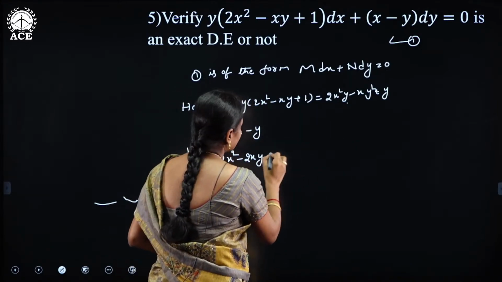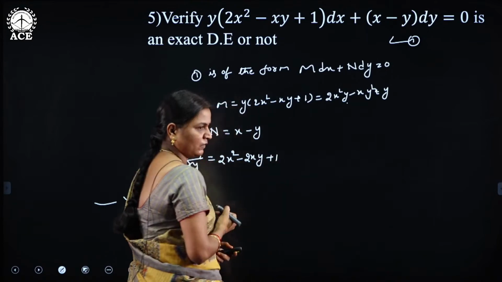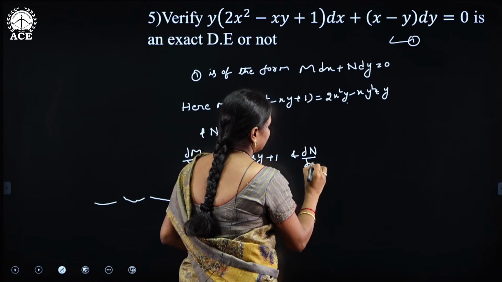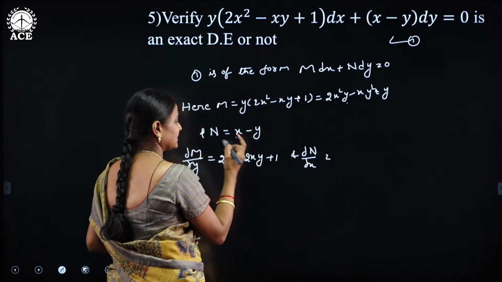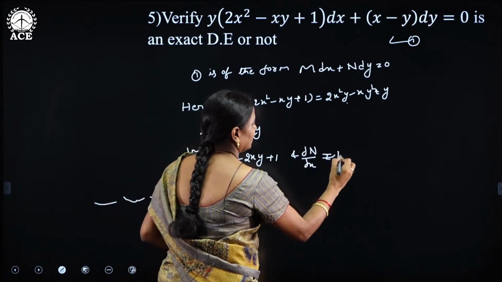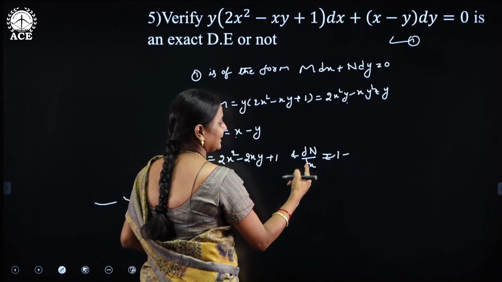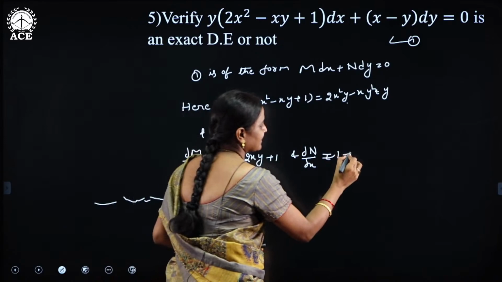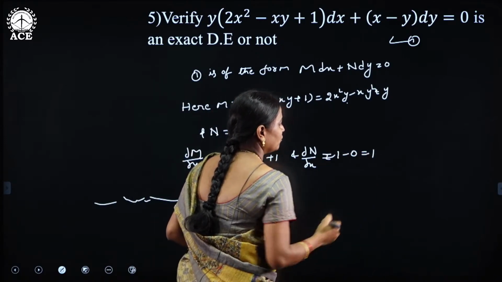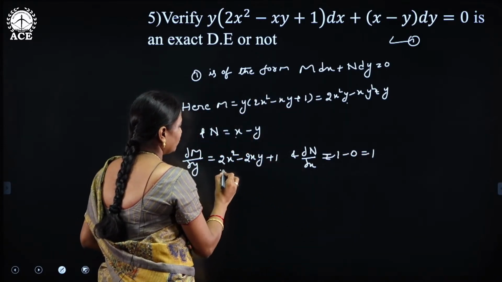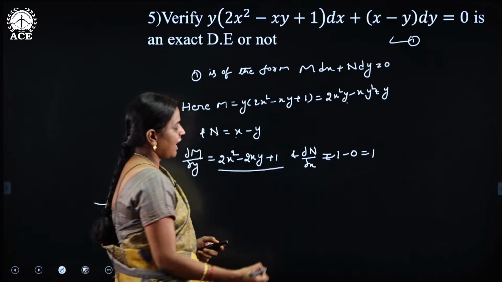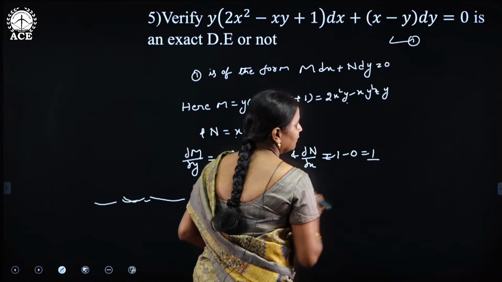Next, differentiation of y is 1. And dou n by dou x. Here, differentiation of x is 1. Minus differentiation of y: here differentiation is performed with respect to x only, treat y as a constant, that is equal to 0. So, dou m by dou y is equal to 2x square minus 2xy plus 1, and dou n by dou x is equal to only 1.